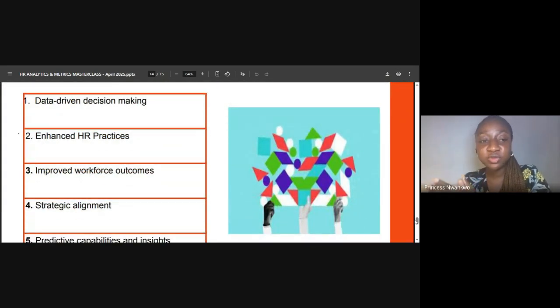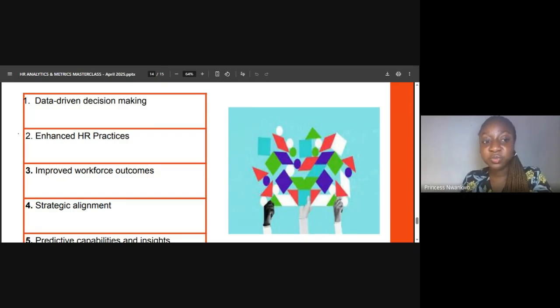So what's the significance of HR analytics in modern organizations today? Number one, like we have established, it helps with data-driven decision making. So even when you move on to the executives in the company, the CEOs, the members of the board, you can go with facts, with data, and let them know that this is what you want to implement or introduce, and this is why you are looking to implement it, right?